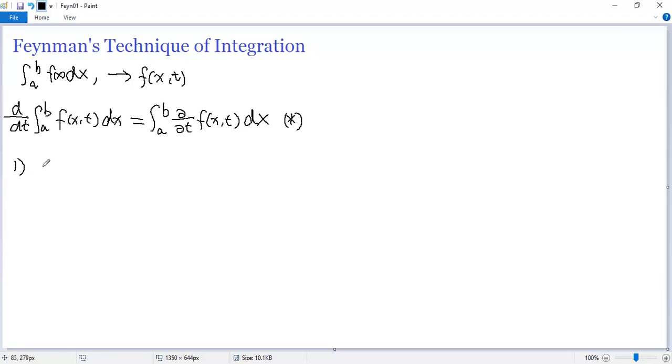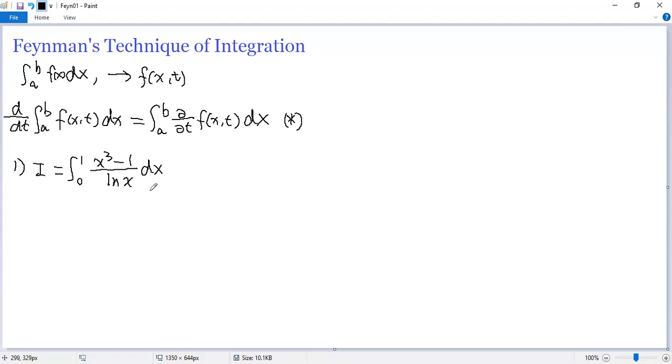So we consider the integral I equals the integral from 0 to 1 of (x cubed minus 1) over ln x dx. If you use the traditional methods like integration by parts or substitution, it is very difficult to integrate. The difficulty lies in the fact the bottom is the ln function.